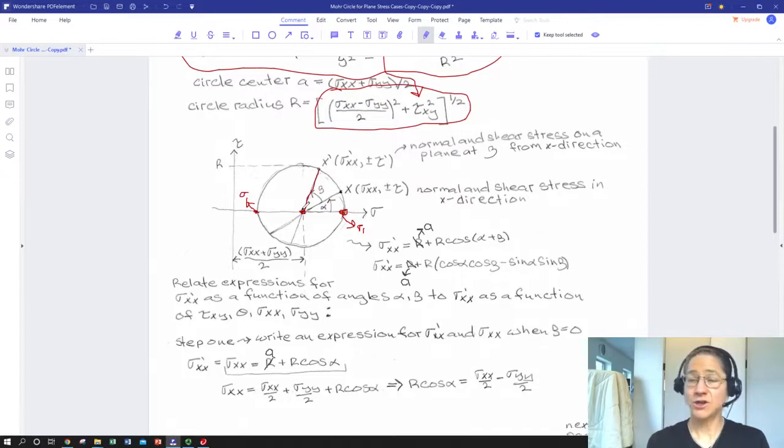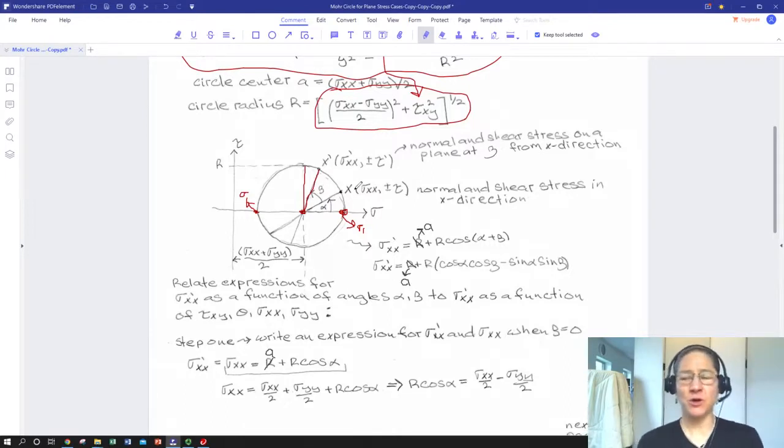We can get our shear max by just happening to notice that the circle radius, when it's pointed straight up, is our maximum shear. So we can get the magnitudes and signs of our principal normal stresses and our max shear just from the Mohr circle all by itself. What we don't know is what angles those correspond to.